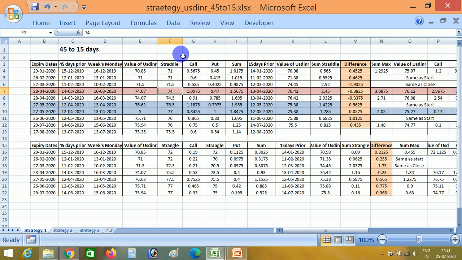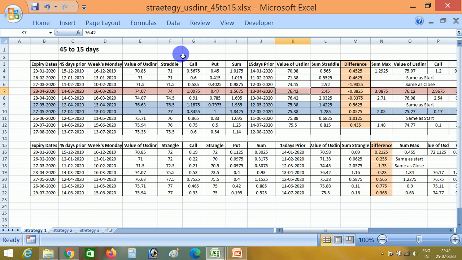Like if I sold the straddle of 74 at 1 rupees 56 paisa, I don't want that straddle to rise beyond 75.5. But on the 15th day, like we said, we are covering the straddle 15 days before expiry.